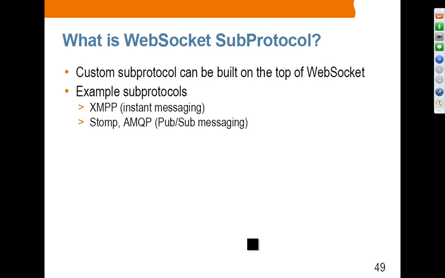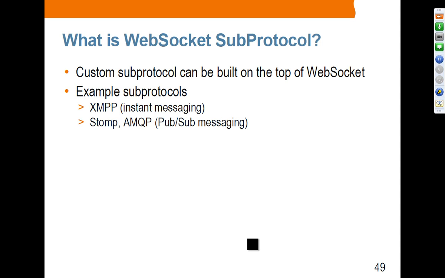In fact, there are sub-protocols such as XMPP for instant messaging and pub-sub messaging such as STOMP and AMQP. So these are, in fact, the predefined sub-protocols that are running on the top of WebSocket. Okay, you can certainly have your own sub-protocols as well.